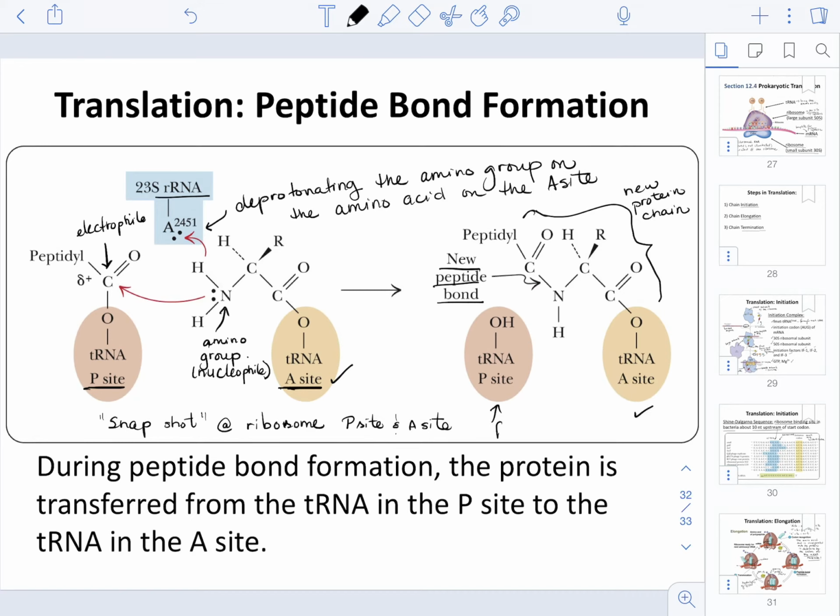Now this is a free tRNA that will move to the E site to exit the ribosome, then get activated and come in again if necessary. And remember that the tRNA on the A site, which has the new protein chain because we incorporated one new amino acid, is going to move to the P site to allow the next codon on the A site to be read. And that's how it grows.